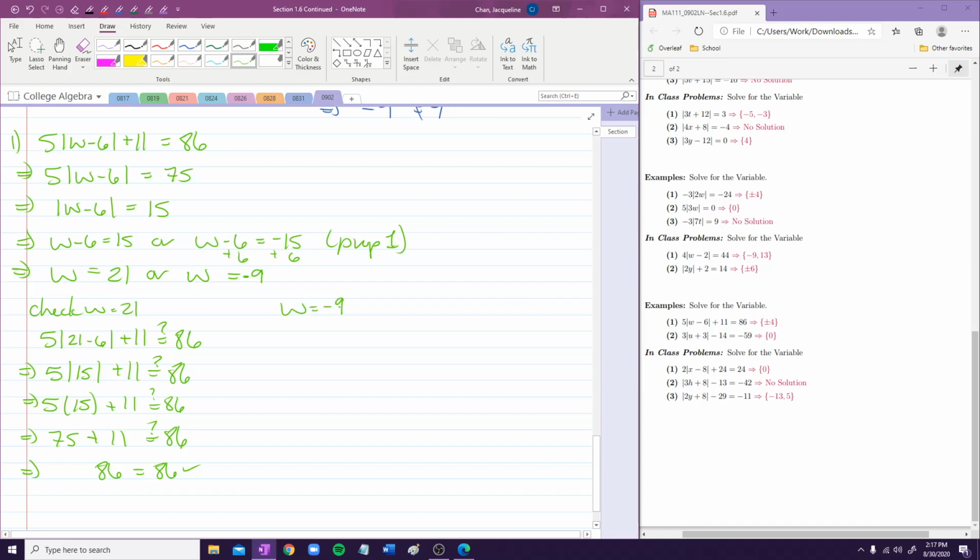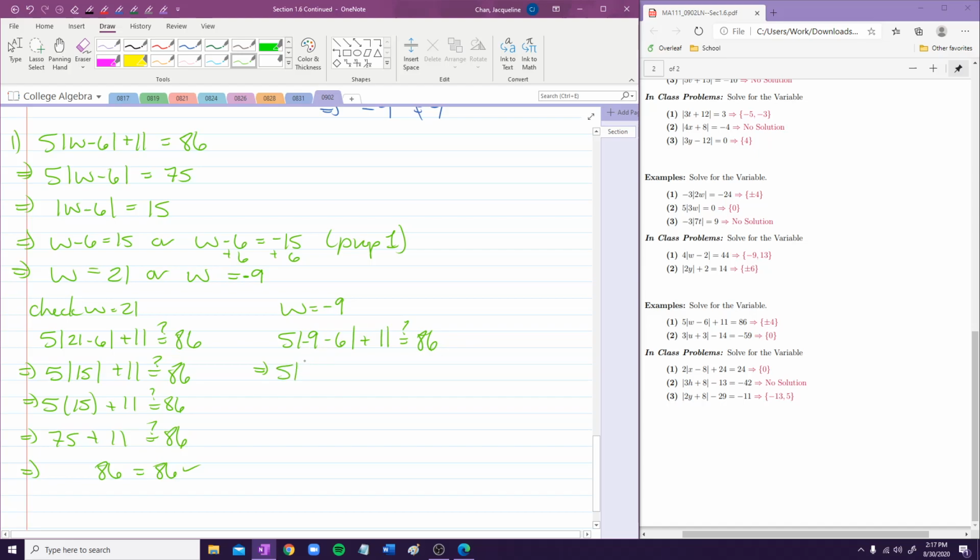Now let's check w is equal to negative 9. When I do that, I have 5 times the absolute value of negative 9 minus 6, plus 11. Does this equal 86?